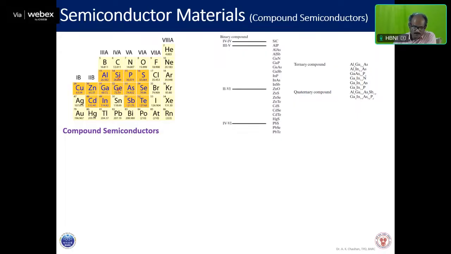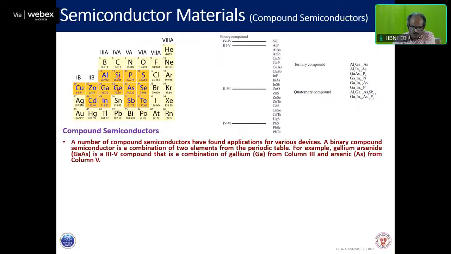So then you have compound semiconductors. A number of compound semiconductors have found applications for various devices. A binary compound semiconductor is a combination of two elements from the periodic table. For example, gallium arsenide, from gallium and arsenic.